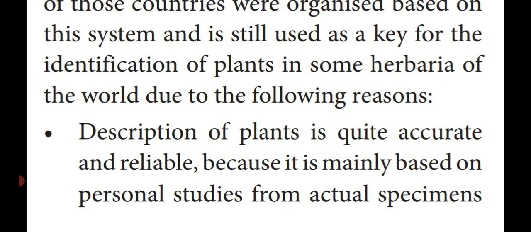Then, the description of a plant is based upon the actual specimen present in the natural environment. That means these two scientists went to the particular environment, observed the plant in the natural environmental condition and collected the characters for their classification. So that is one of the important characters or achievements of this system.